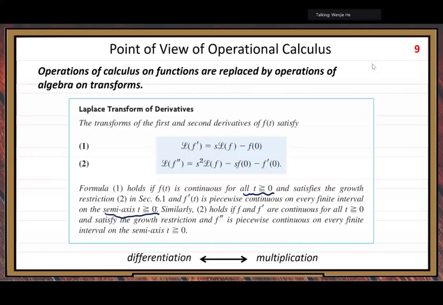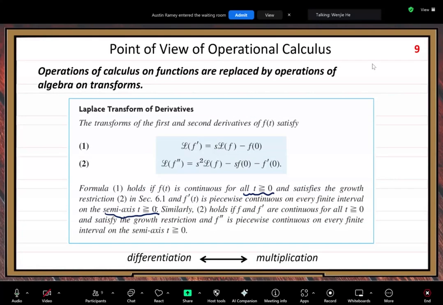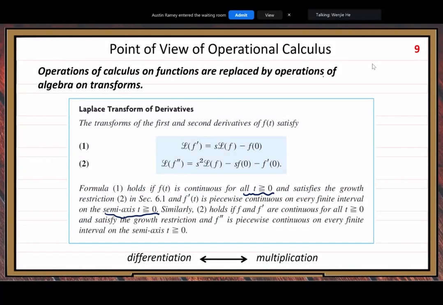Let me write it again: the absolute value of this function is less than or equal to some positive constant M times e to the kt.